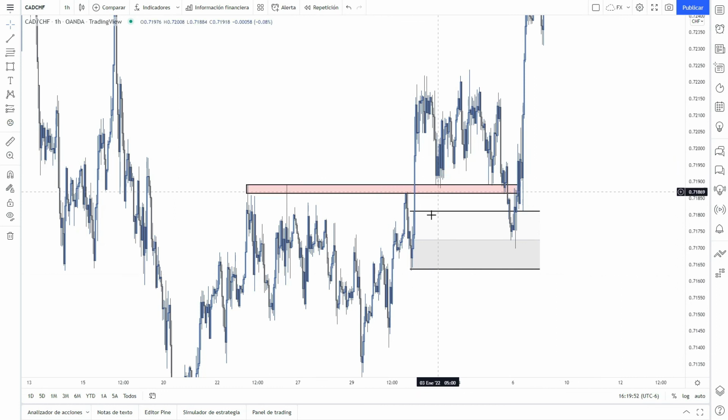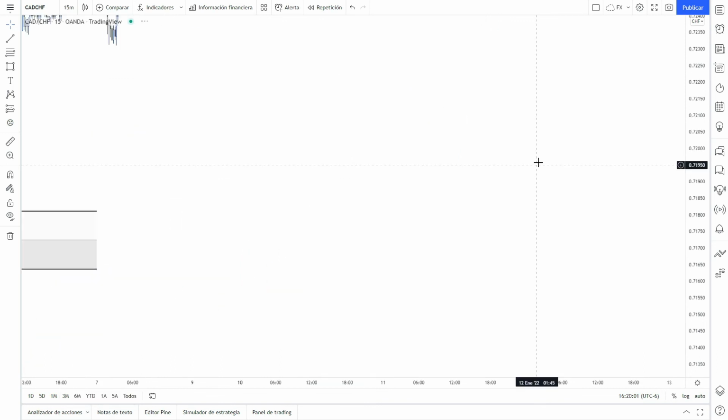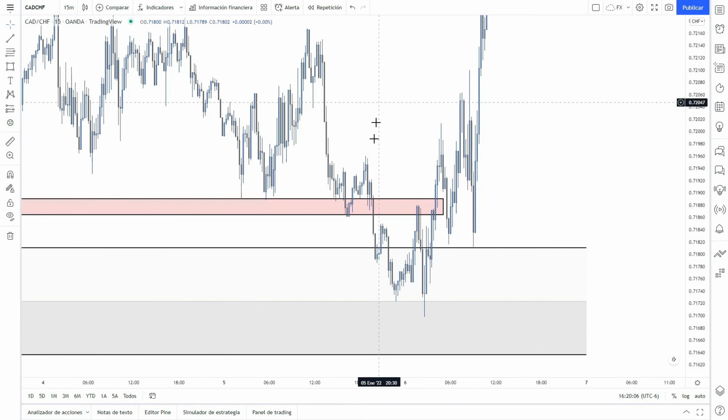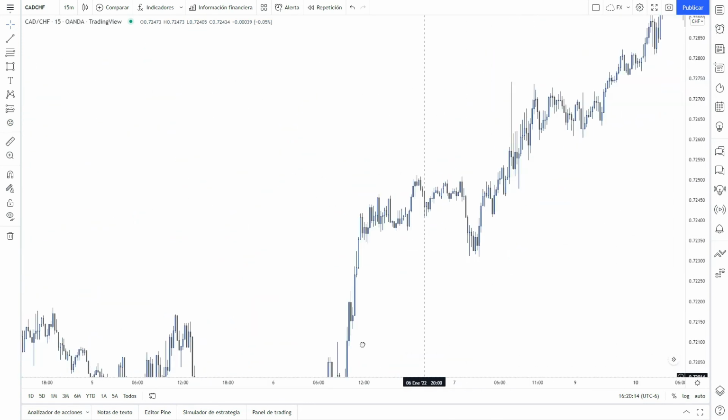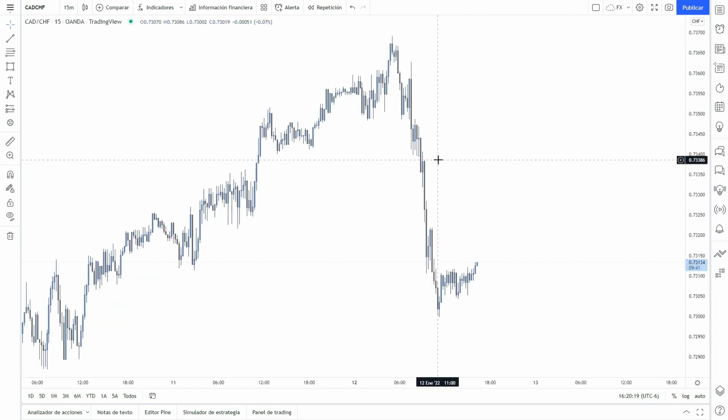Now it becomes support, support. So guess what? People will try to buy this sensitive area. See what the market did. It broke the support, took out the liquidity, and then rallied all the way up. You see? So that's how we use support and resistance, and that's my approach of liquidity.